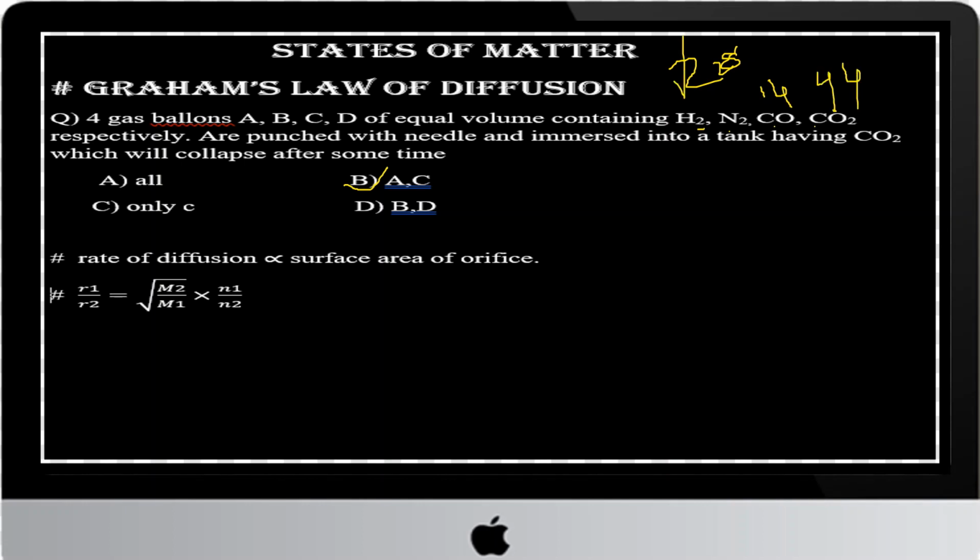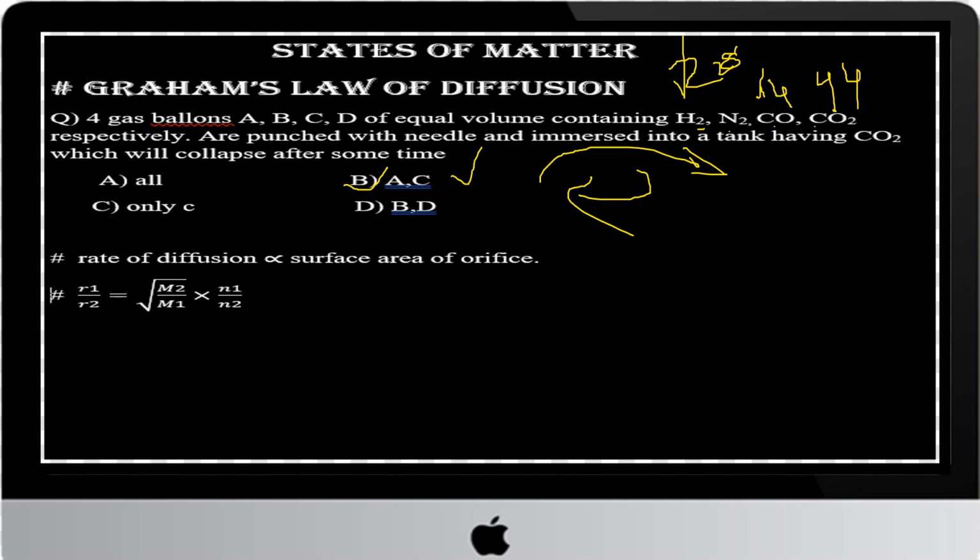Here H2 and carbon monoxide have low molecular weight and the rate of diffusion will be high, and water will enter quickly into this. As gas leaves quicker, water enters and the balloon blasts. This is the logic here, and low molecular weight gets collapsed easily.